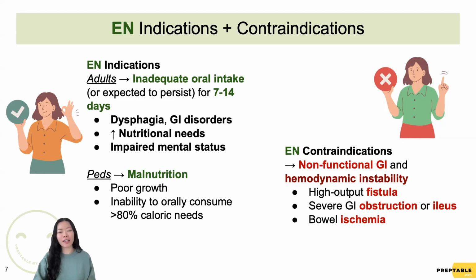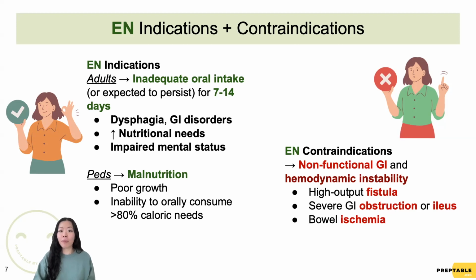More specifically, conditions such as high output GI fistula, bowel obstruction, paralytic or prolonged ileus, and mesenteric ischemia prevent our ability to give EN. As a reminder, a fistula is an abnormal connection between two parts inside of your body.